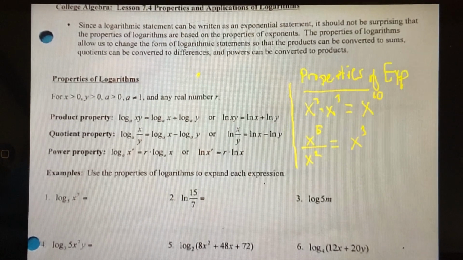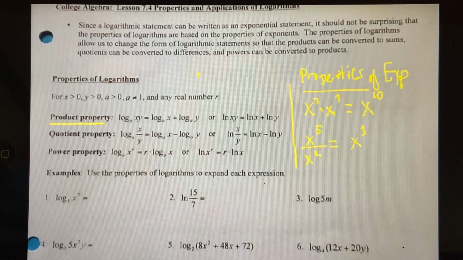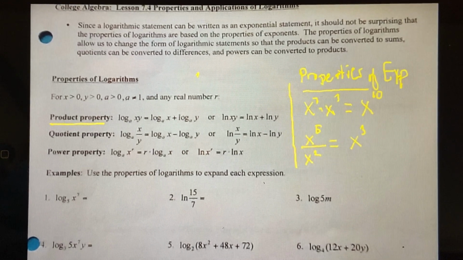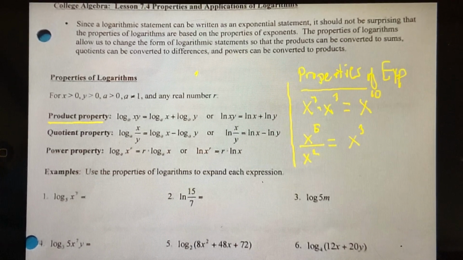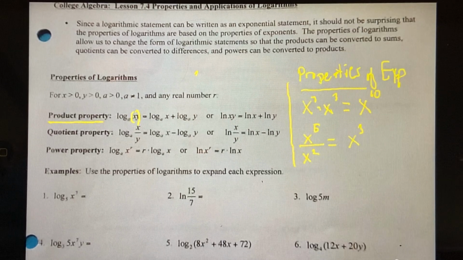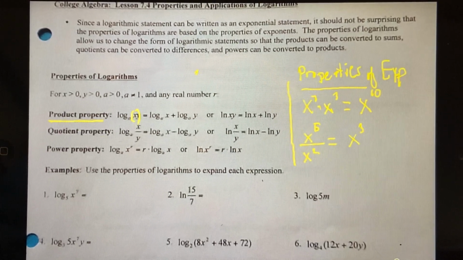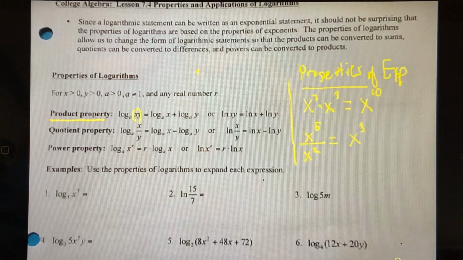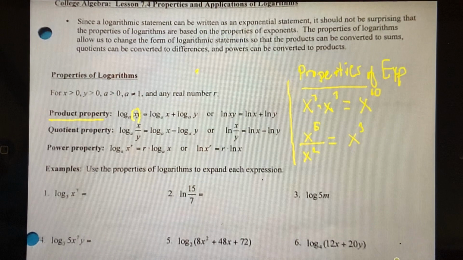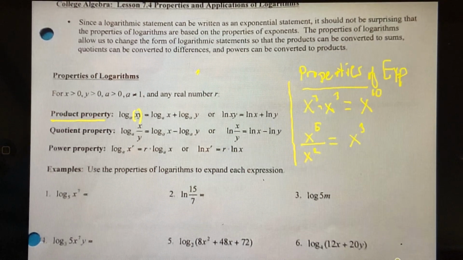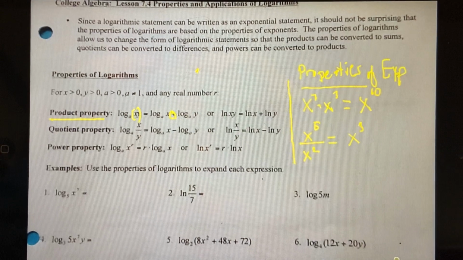This first one, the product property, says if we have a log of any base and we have a product, notice how x and y are being multiplied, we expand. We write this logarithm as the log of x plus the log of y, with the same base.